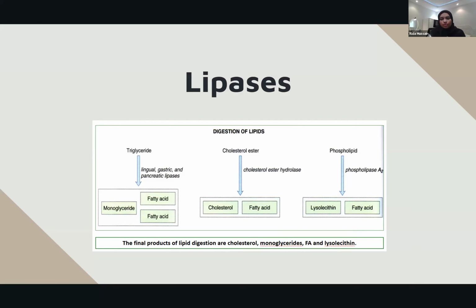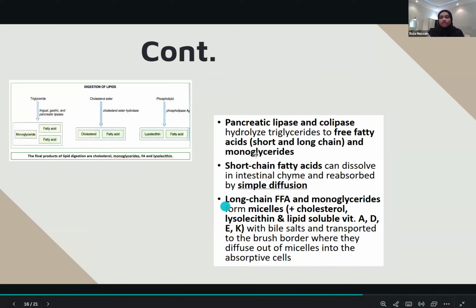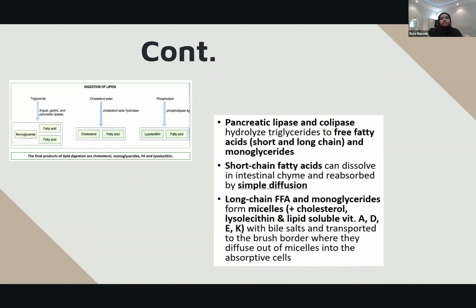Please know them. Moving on, this is just directly from your slides because it's a really important concept that I didn't want to mix up. What we're talking about over here is how short chain fatty acids are absorbed versus long chain fatty acids and monoglycerides. The lipases do their job.